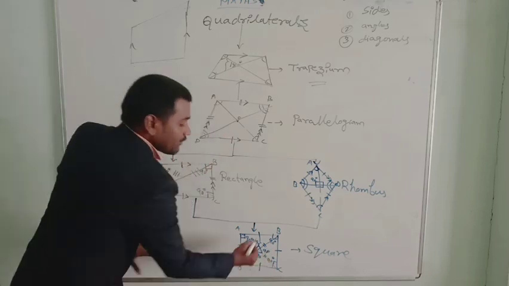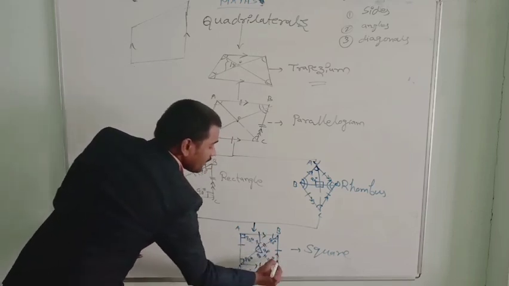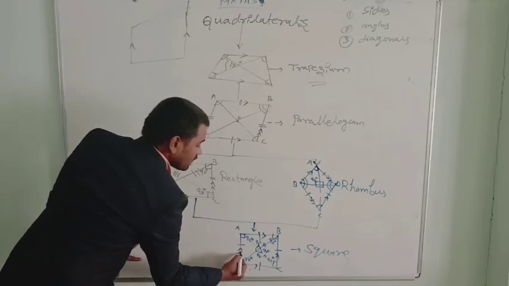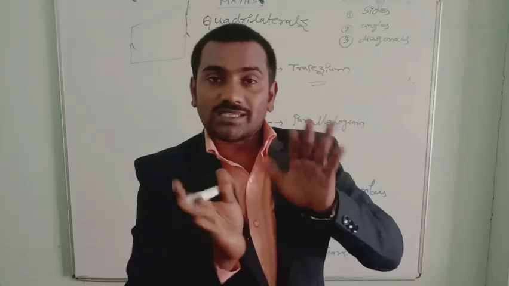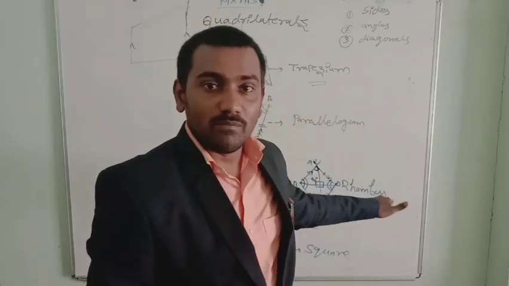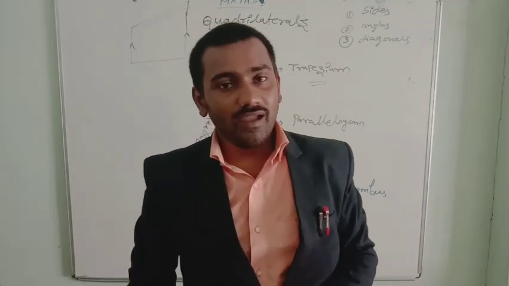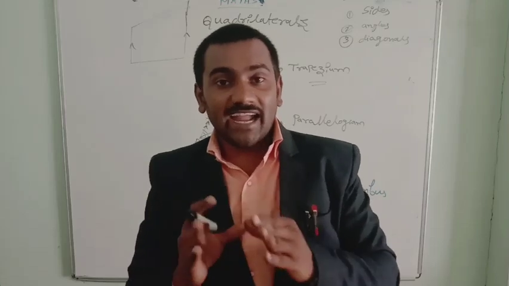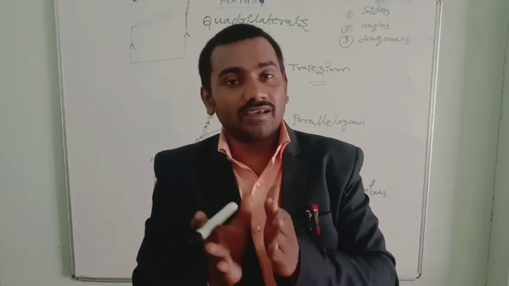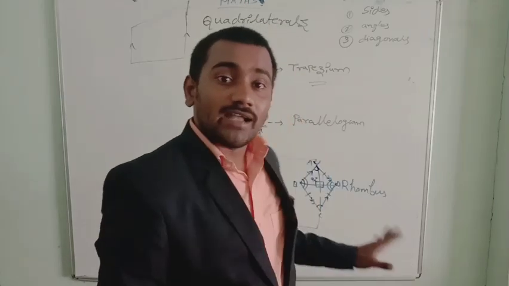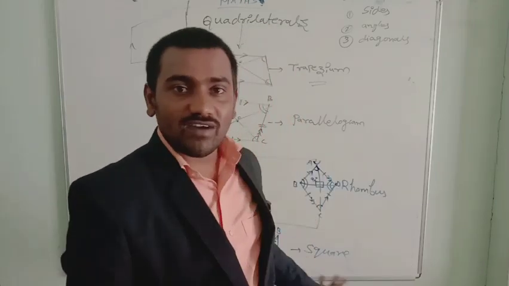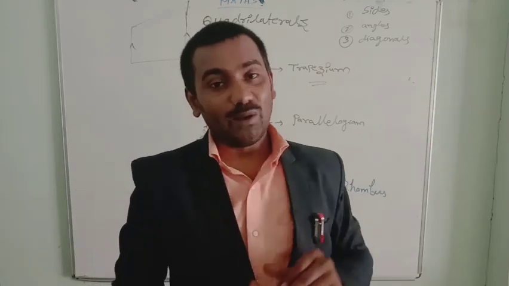Opposite sides are parallel. So in the square, all sides are equal and opposite sides are parallel, like a rhombus and parallelogram. And what about the angles? All angles are equal to 90 degrees like a rectangle, and opposite angles are also equal like a rhombus and parallelogram.